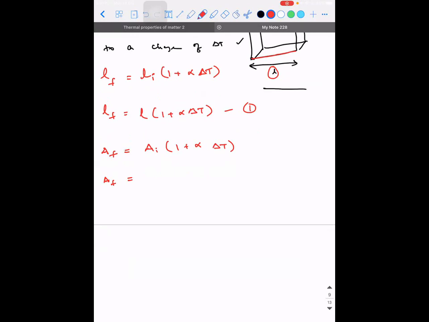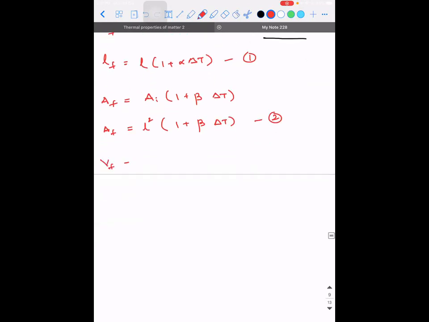Can you tell me? 6. So what will be the area of each face? That is each side, L square. So original area will be L square. So 1 plus, it is not alpha, it is beta. So 1 plus beta into delta T, equation number 2.